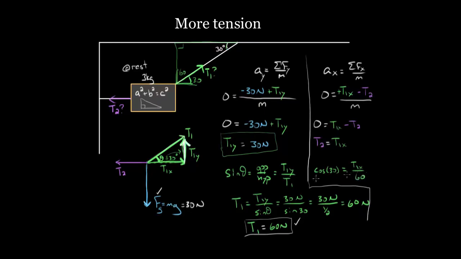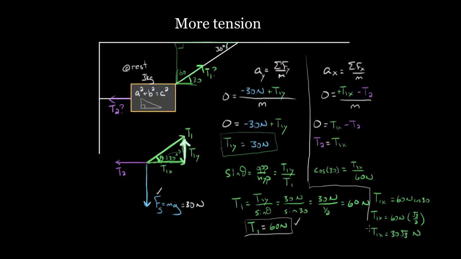So I can solve for T1x. If I multiply both sides by 60 newtons, I get that T1 in the x direction would be 60 newtons times cosine of 30, and the cosine of 30 is root 3 over 2, so I get 60 newtons times root 3 over 2, which means that T1 in the x direction is, 60 over 2 would be 30, so this is 30 root 3 newtons.